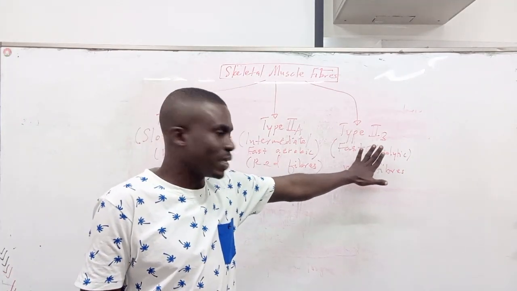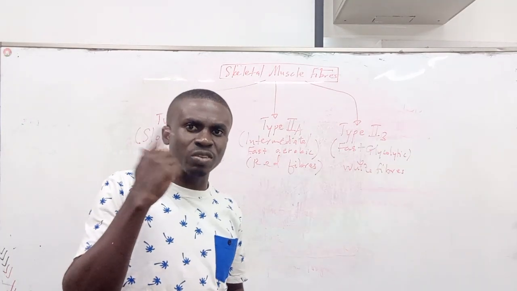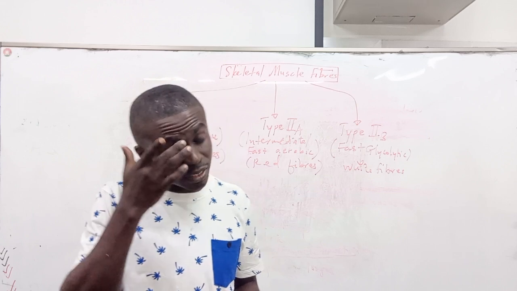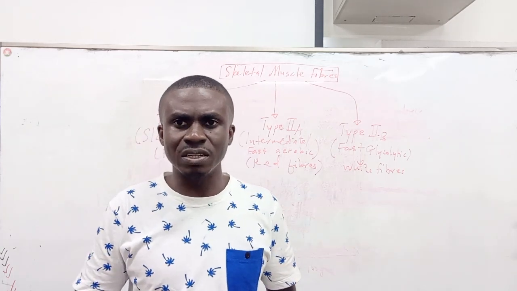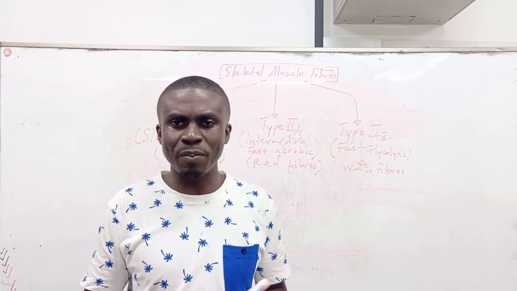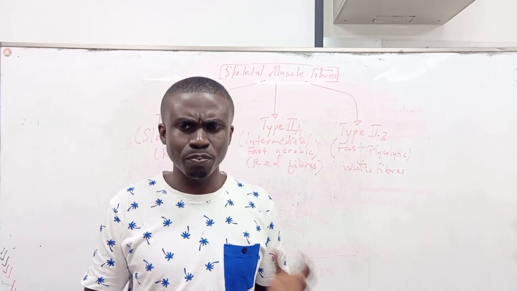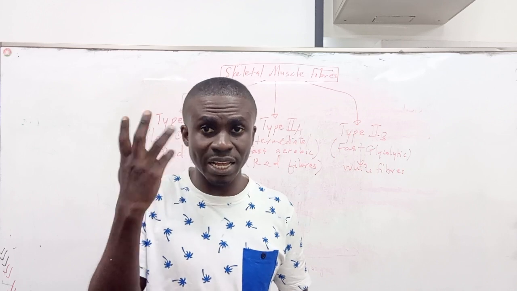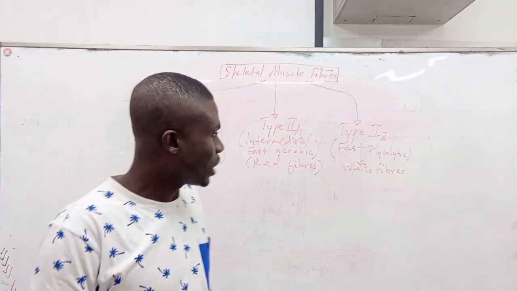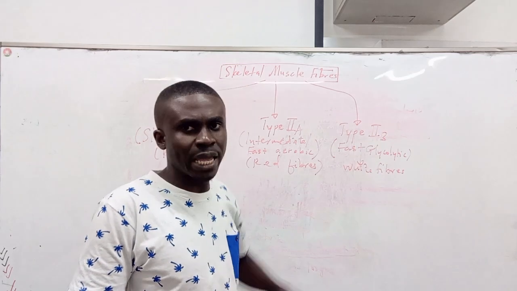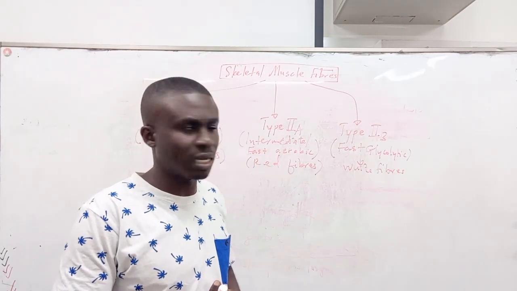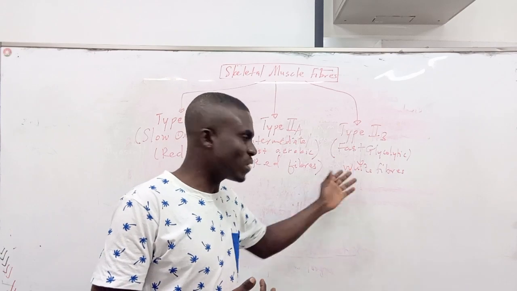But this one over here, which we see in some of these ocular muscles, like the extraocular muscles of the eye, levator palpebrae superioris, medial rectus, lateral rectus, a lot of these ocular muscles, will mainly have the type 2B, white fibers.